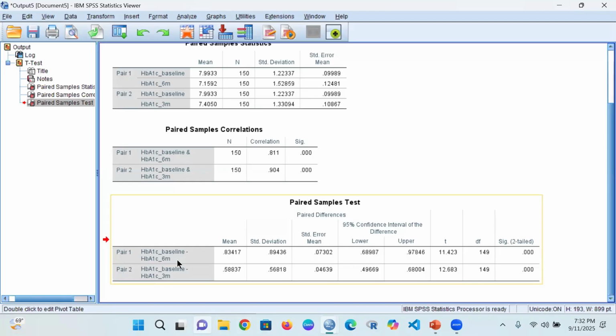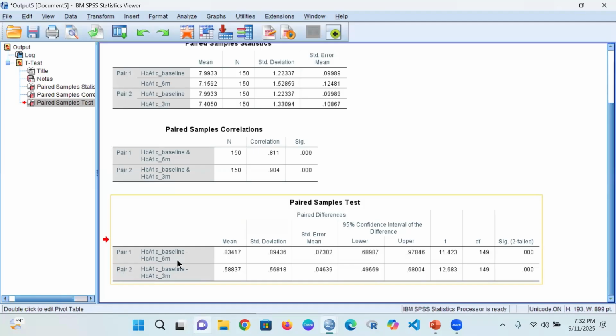So when we conduct that one, what conclusion will you be making, especially the overall conclusion? The overall conclusion that we'll be making about the HB1C is that the HB1C statistically decreased from baseline to 3 months and further decreased by 6 months.